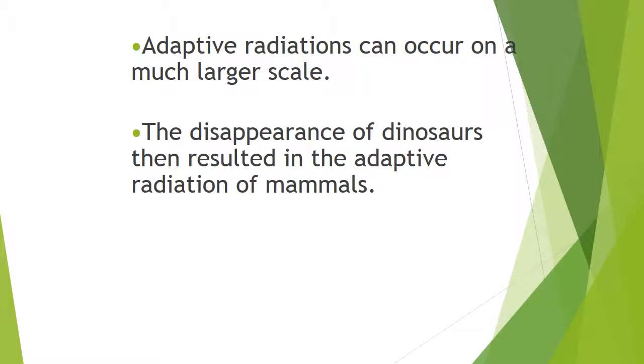Like when the dinosaurs became extinct, the variety of small mammals that were around were able to evolve, and mammals then adapted to their environment, and now we have numerous species of mammals, including things like elephants that live in Asia or Africa, big cats like lions, humans.